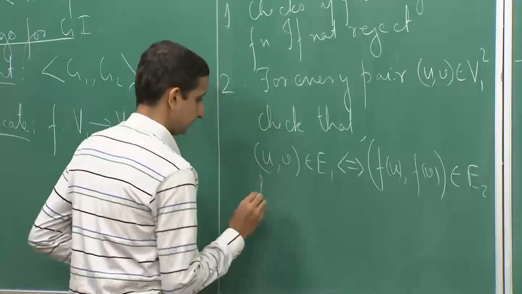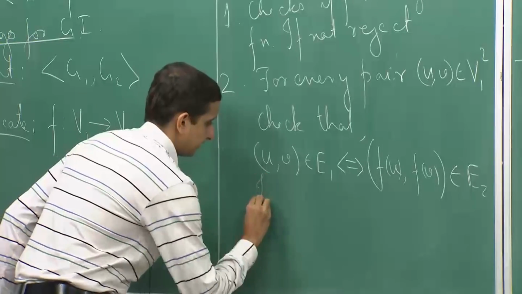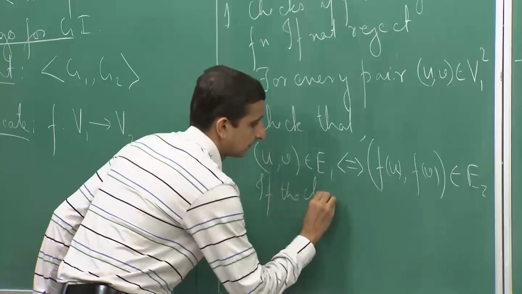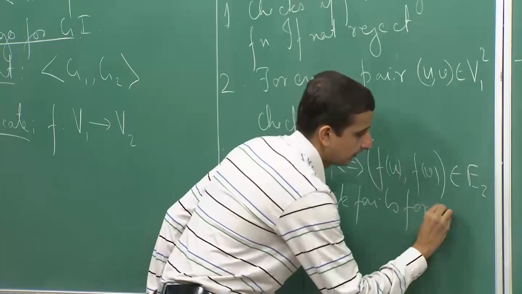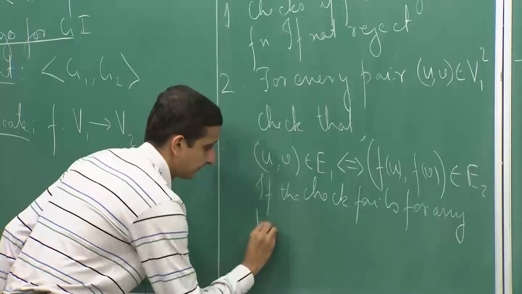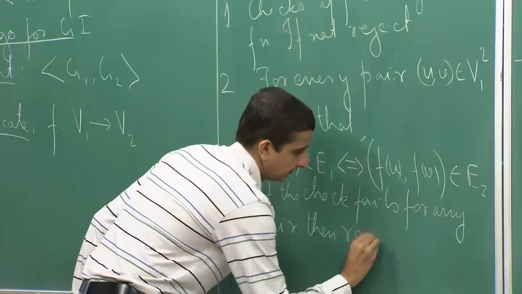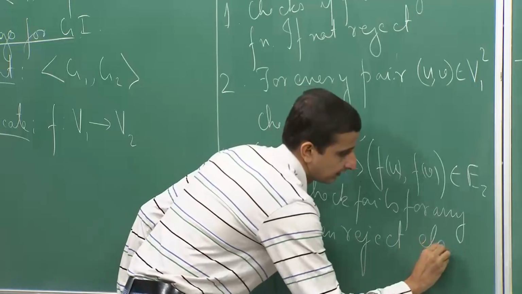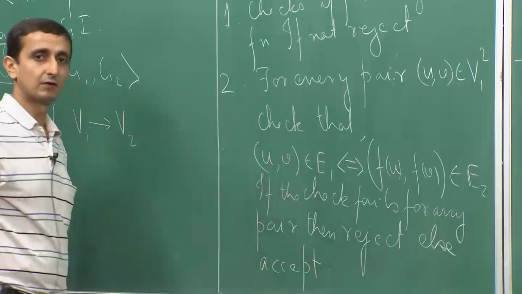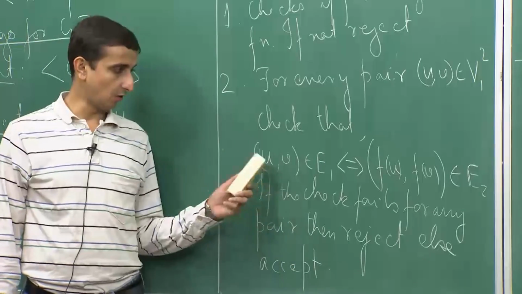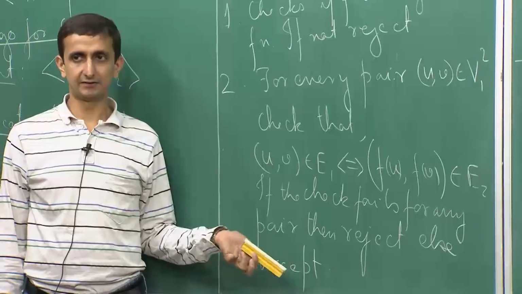So, if the check fails for any pair, then reject, else accept. Okay. So, if it passes for all the pairs, only then you accept, otherwise you reject.